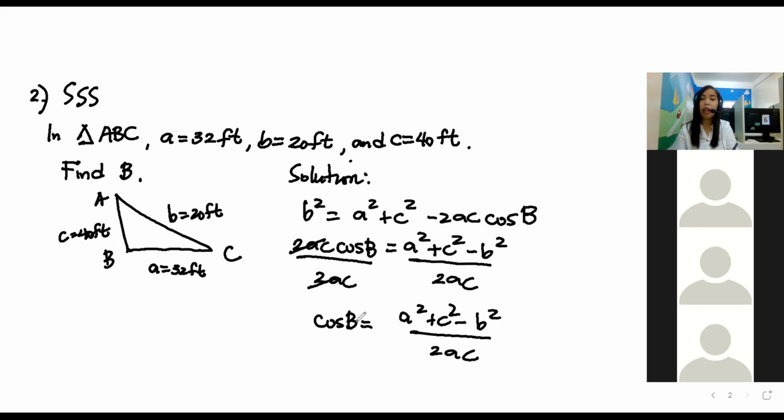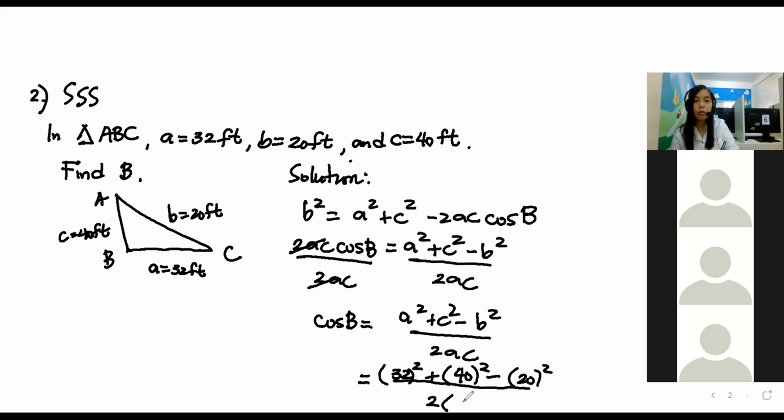So therefore, to find angle B, we need to get the inverse cosine, okay, of whatever the value here when you substitute. So cosine B equals A is 32 squared plus C is 40 feet squared minus 20 feet squared over 2 times A is 32 times C is 40.